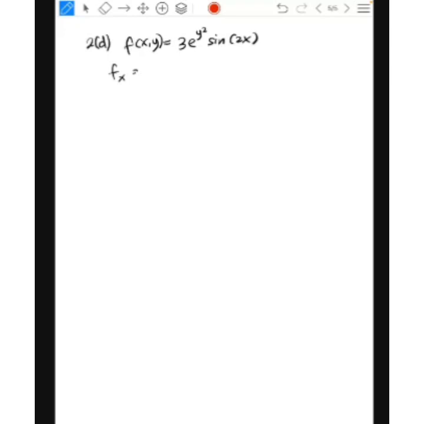Whenever you have a constant multiplied with the variable that you want to differentiate, the constant still exists. So 3 exponent y to the power of 2, you salin balik. We only want to differentiate sine of 2x.